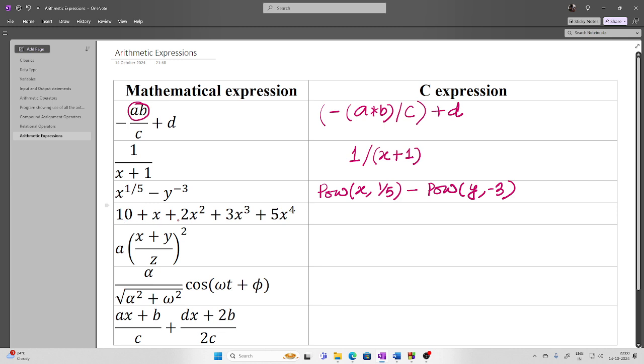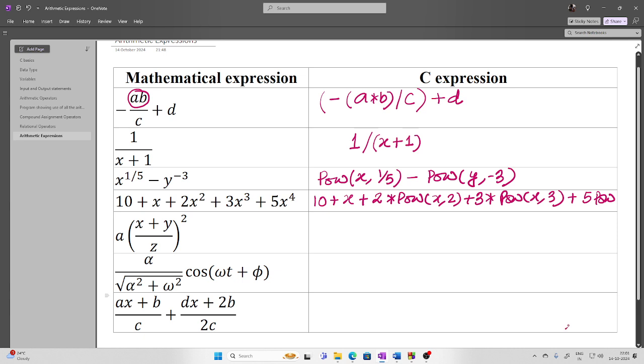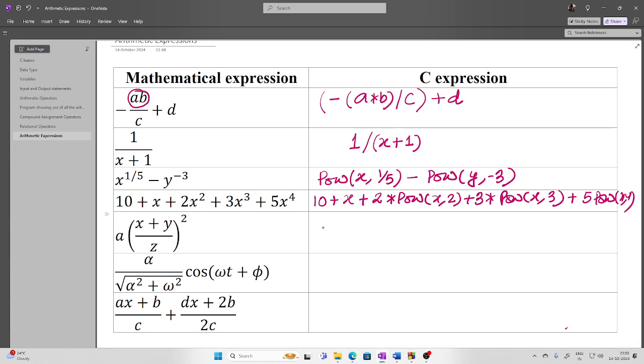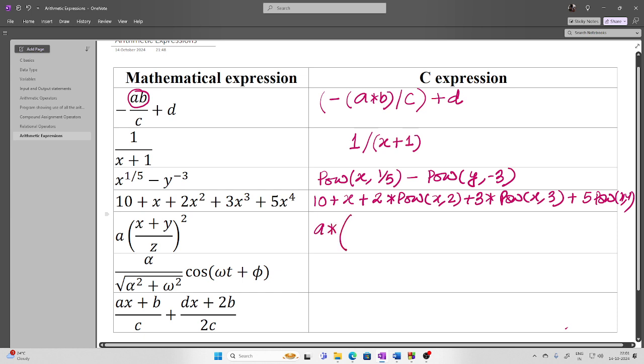In this particular expression, it is 10 plus x plus 2 times power of x raised to 2 plus 3 times power of x raised to 3 plus 5 times power of x raised to 4. Likewise here it is a multiplied by x plus y by z raised to the power 2.